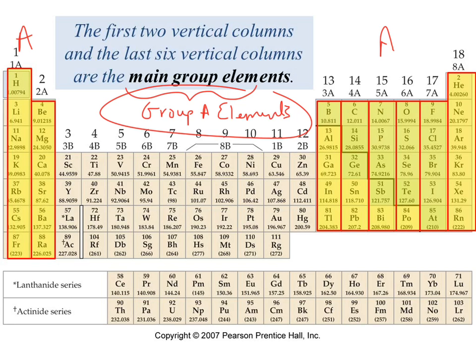But they're all group A elements, they're all main group elements, the same thing. But don't be thrown off. So for instance, find oxygen, and it's a group A element, but which number is it? 6A, exactly. So 6A goes with oxygen, sulfur, selenium, tellurium, and chlorine.